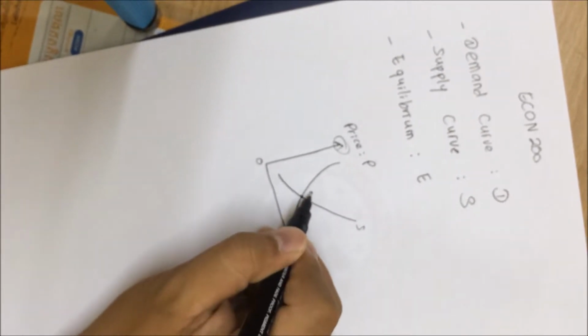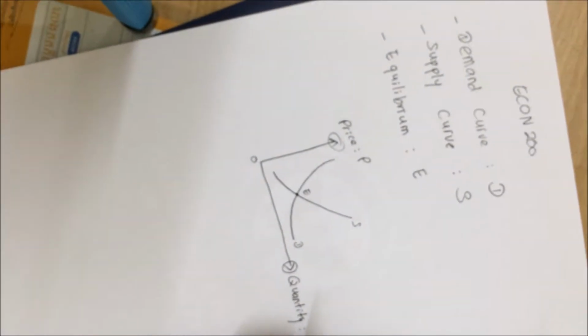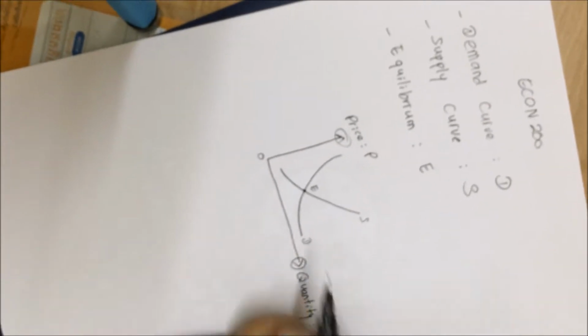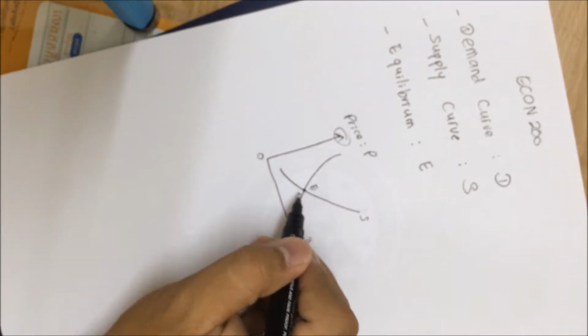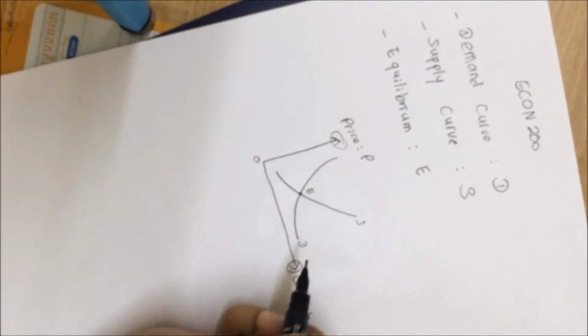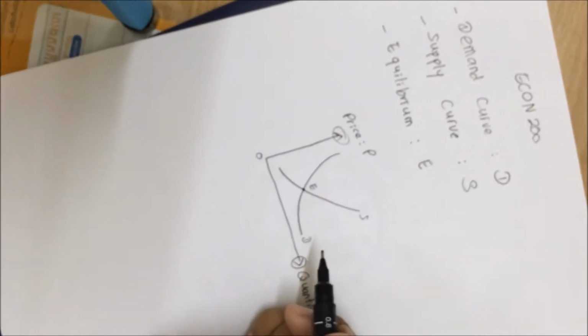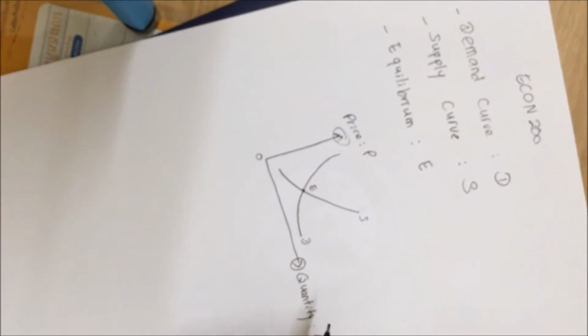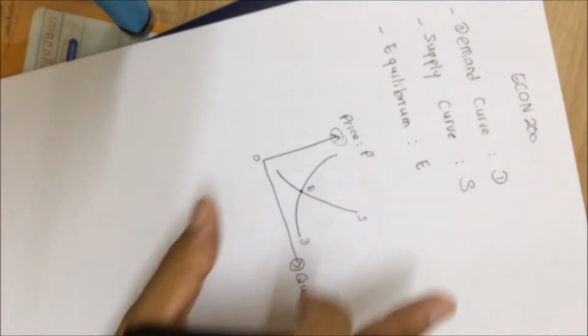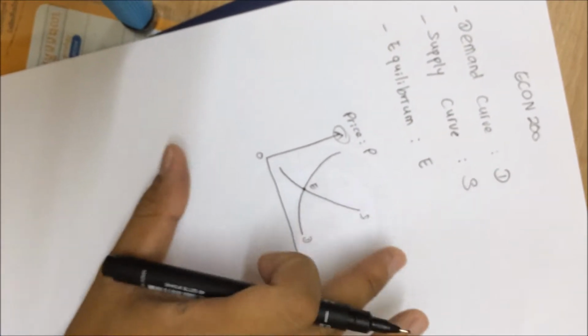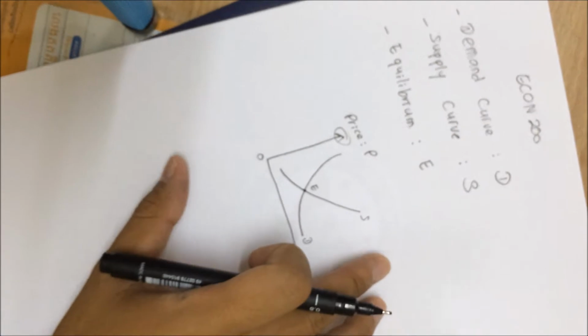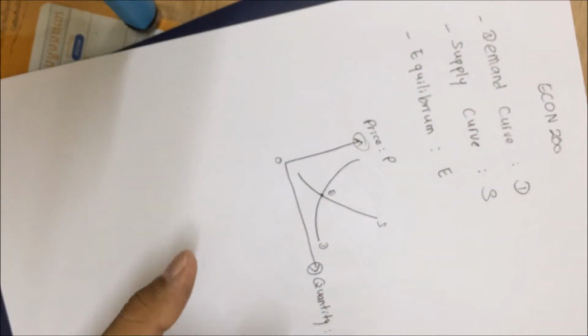So it's here, and E is here. This is the equilibrium, supply curve, and demand curve. It is always like that in any case. This is just the introduction to the graph.